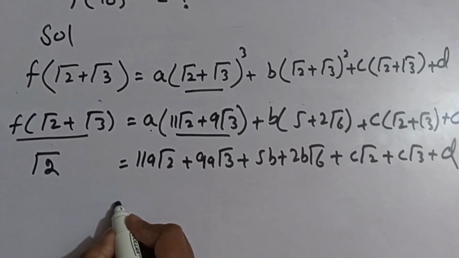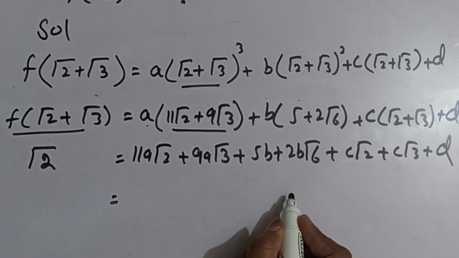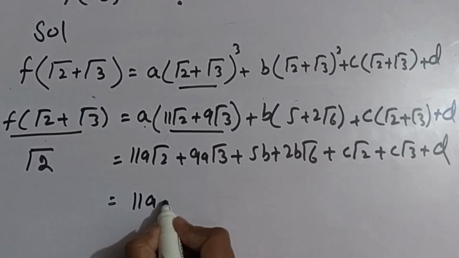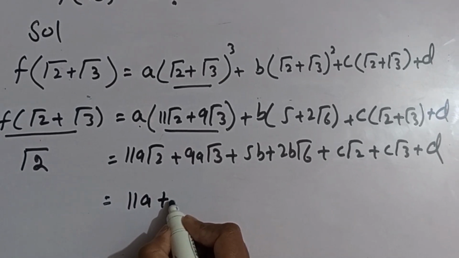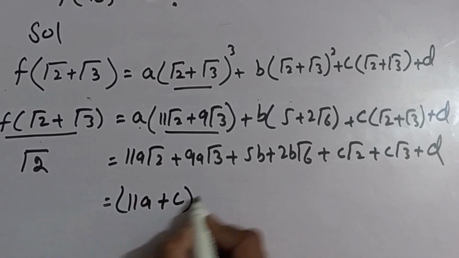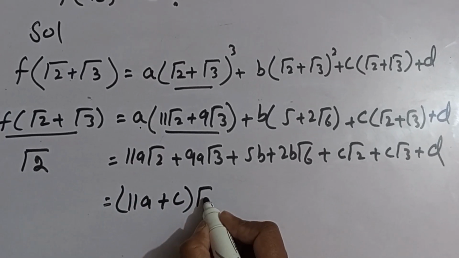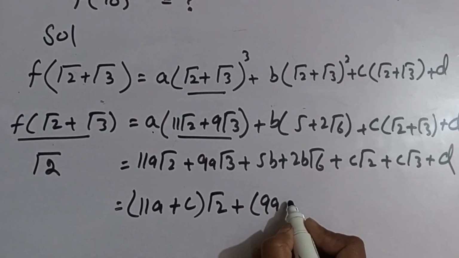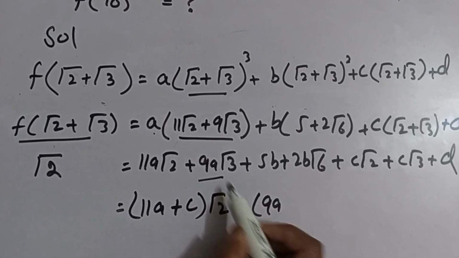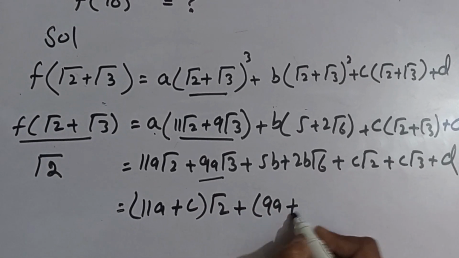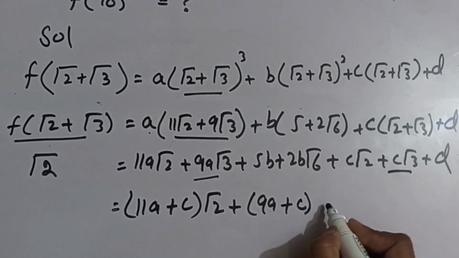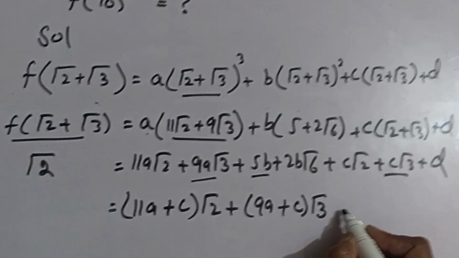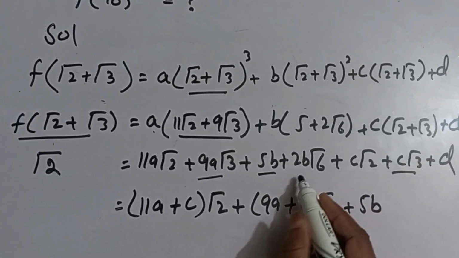Now in the next step, we combine like terms. So we have 11a plus c, multiply this by square root 2, plus 9a plus c, multiply this by square root 3, and after that we write plus 5 times b.